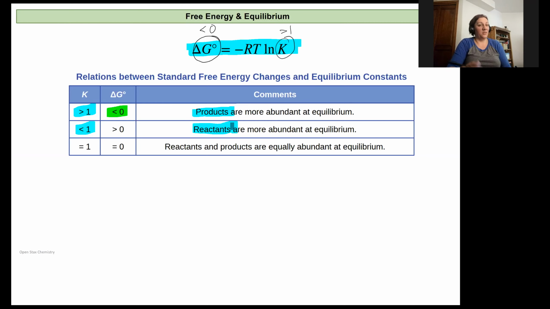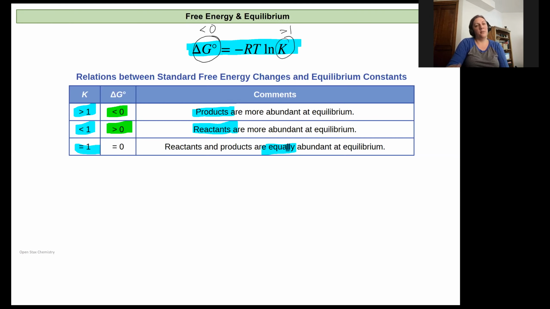So an example of this would be the weak acid. In this case, if we were trying to evaluate if we had more products or reactants at equilibrium and we only knew standard free energy change, we would be looking for a positive change in standard free energy to predict that more reactants would be abundant at equilibrium. Now, in the case where K is 1, that's when everything is equal.